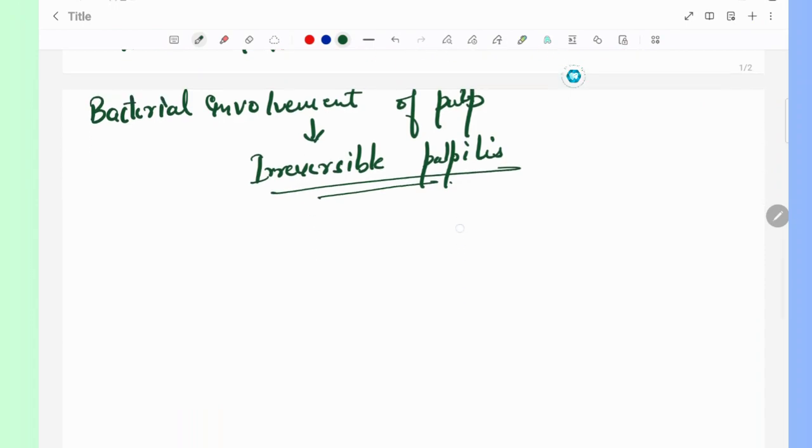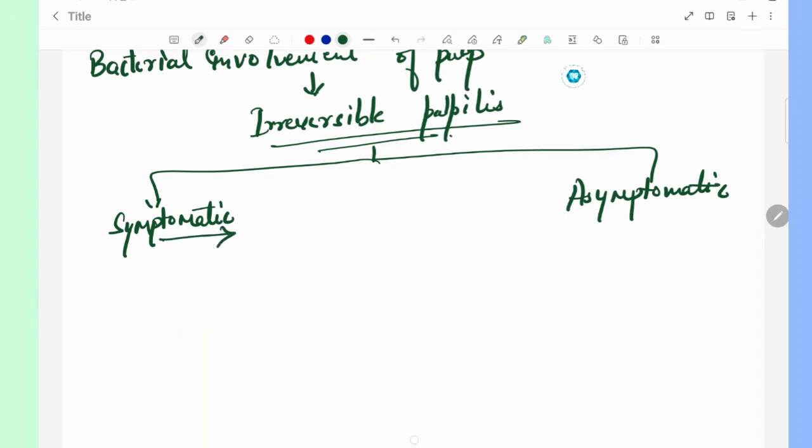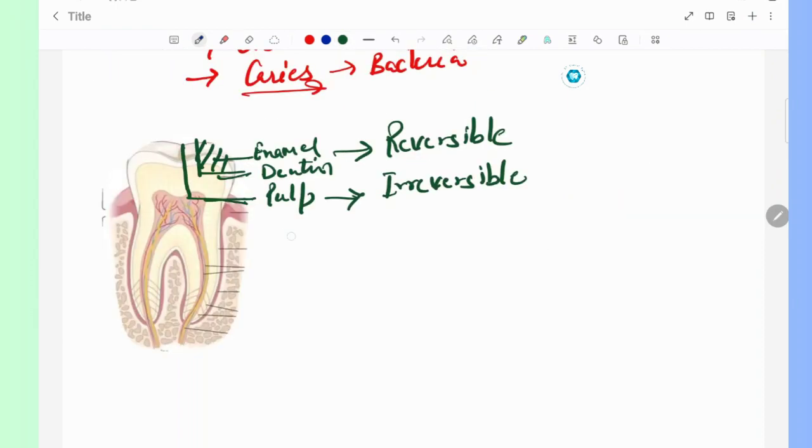Now the irreversible pulpitis can be symptomatic or the asymptomatic. Symptomatic irreversible pulpitis, also known as the acute irreversible pulpitis, and the asymptomatic one, also known as the chronic irreversible pulpitis.